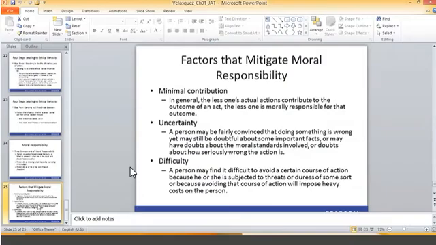Difficulty: a person may find it difficult to avoid a certain course of action, right? For example, you take a bribe because you have to. Someone threatens your family: if you don't take this money and follow our instruction, or if you don't do this... Maybe not in the form of corruption, maybe passing on information. The bankers, your managers, this group needs certain information. When is this money coming?